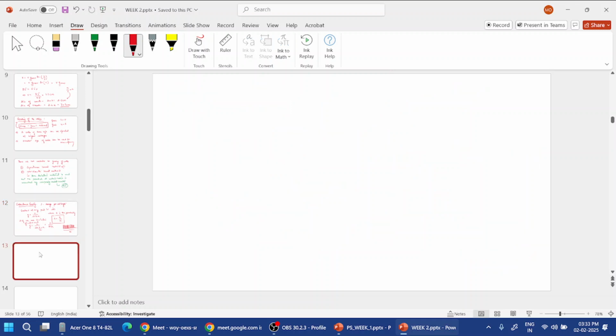Now we will move on to the next thing. We will derive the formula for the voltage using this concept which I just described.